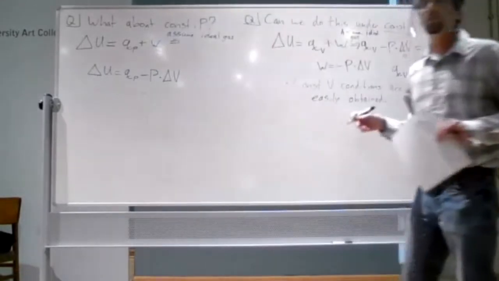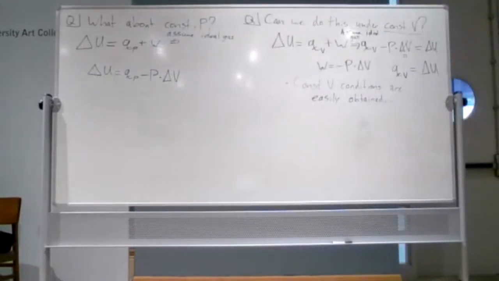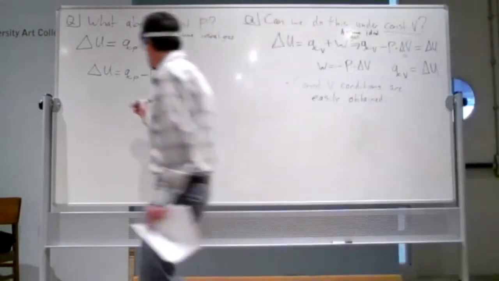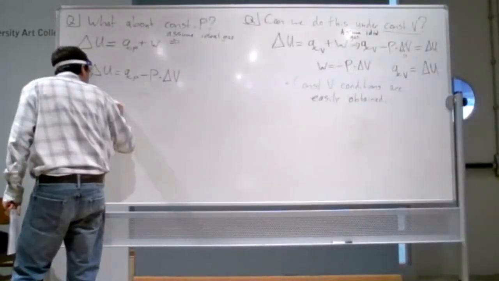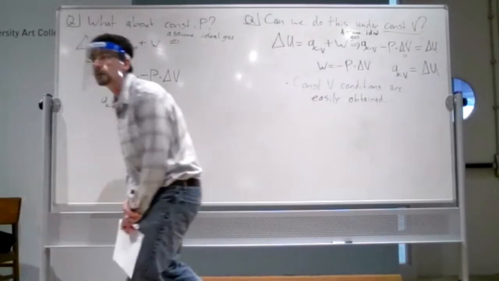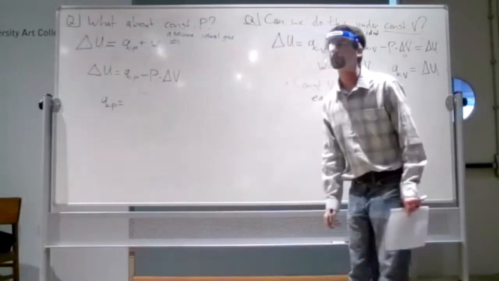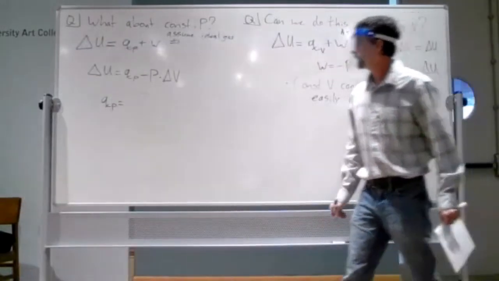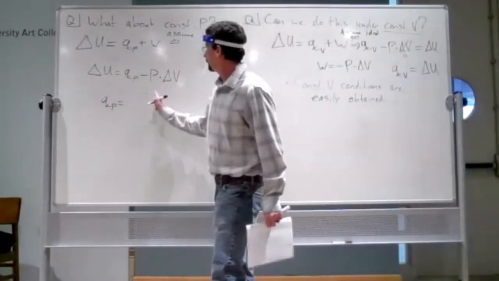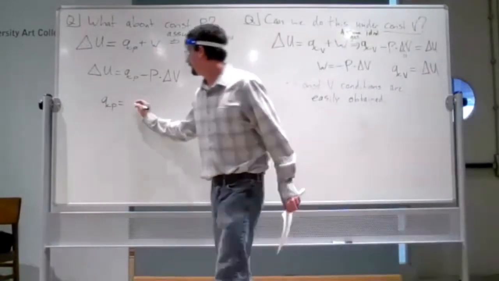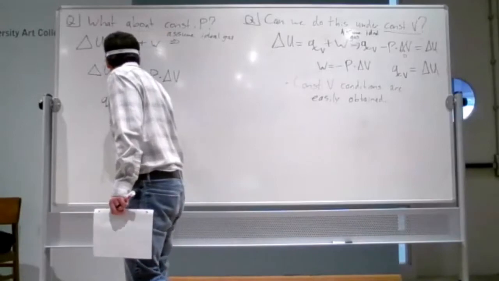Okay, and the goal was, we wanted to look at the heat transfer. We wanted to find the heat transfer. So let's manipulate this around. What's Q sub P going to be equal to in this case? Yep, so we've got delta U. What else?